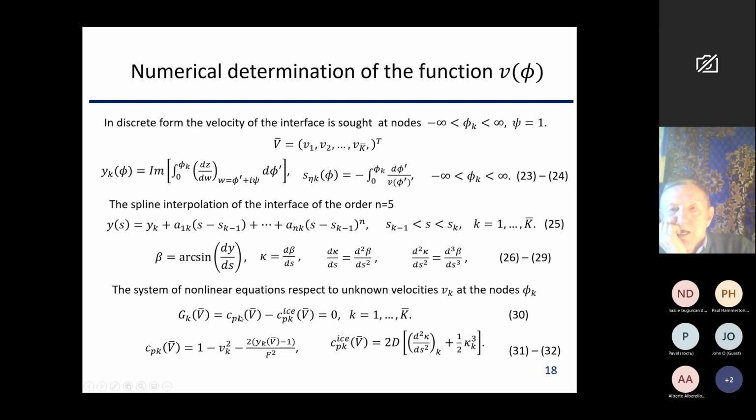And this pressure should be the same. It means that we have a system of nonlinear equations with respect to the unknown velocities on the interface. This problem is solved using the Newton method for solving nonlinear equations.